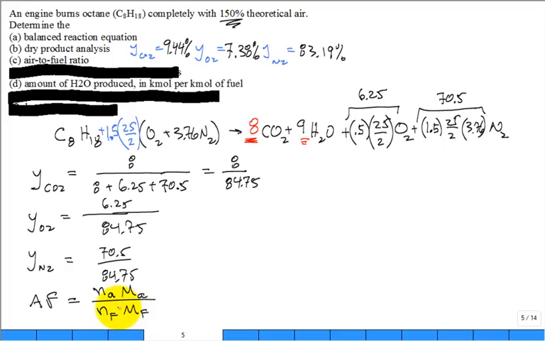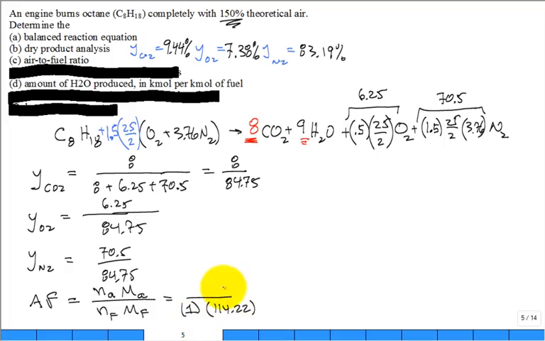And you'll always do everything with 1 on the stoichiometric coefficient in front of the balanced reaction equation for the fuel. And you have to look up the molar mass of the octane. The molar mass of the octane is 114.22 kilograms per kilomole.